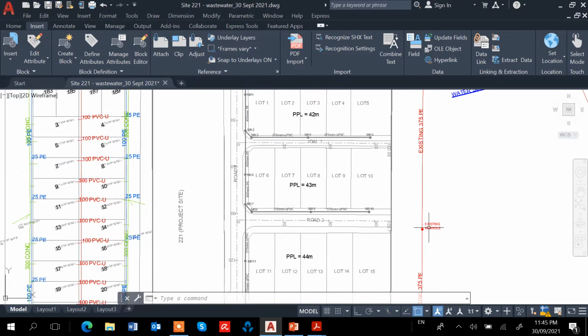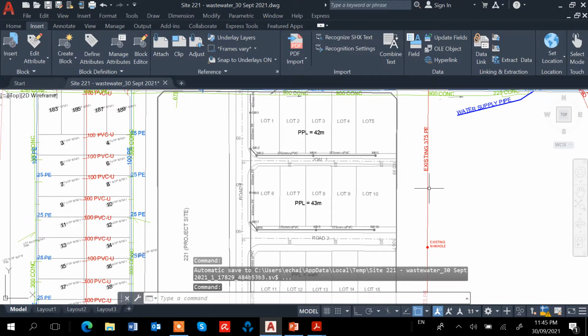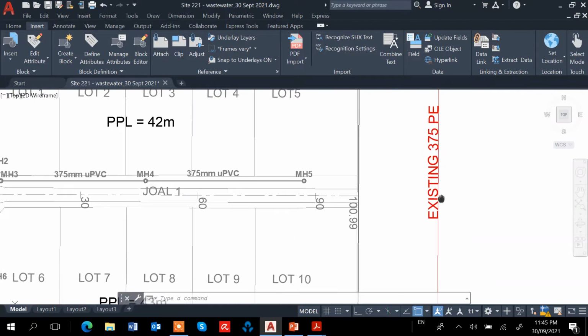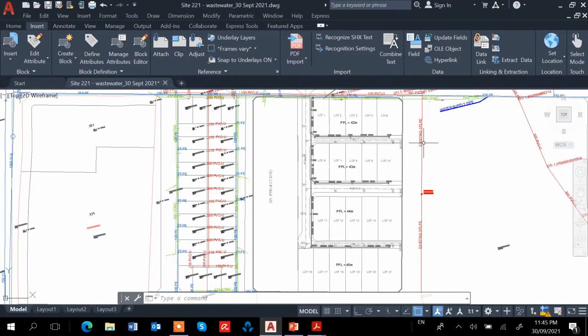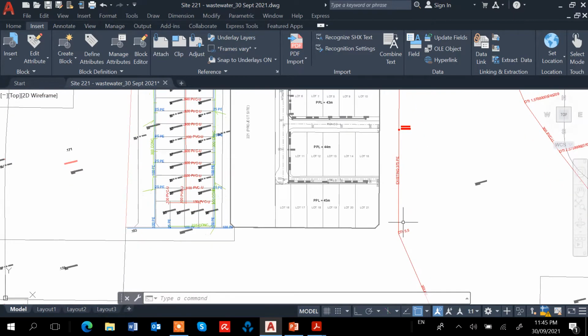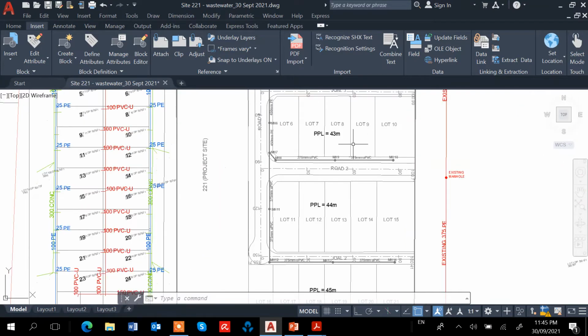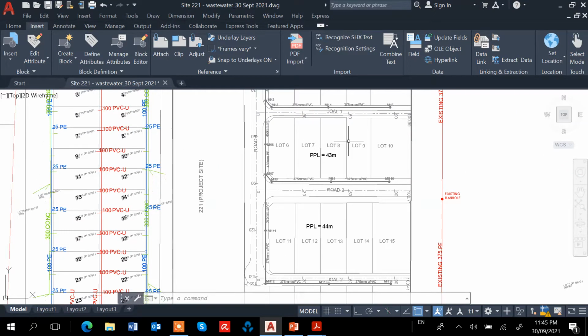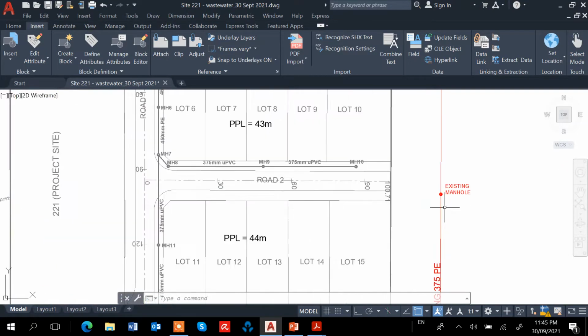This is the existing sewer pipe, which is 375 polyethylene pipe, running from top to bottom in this direction. All the sewer pipes need to connect to this existing manhole.